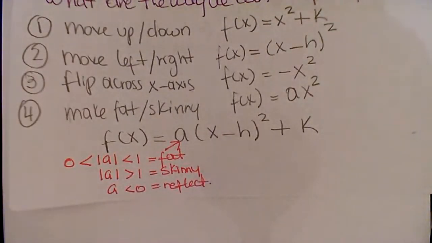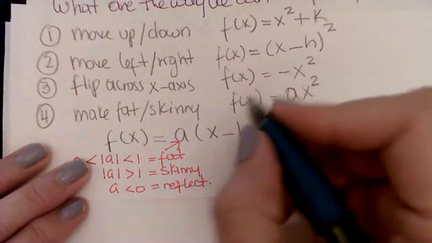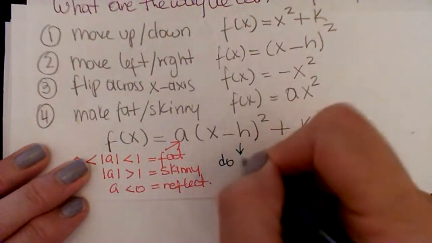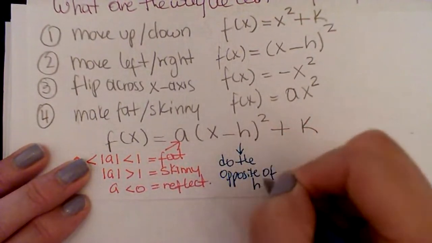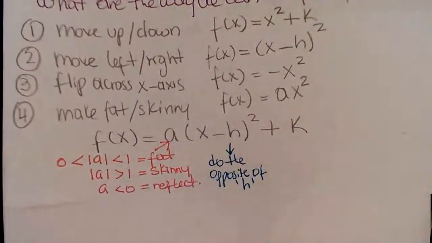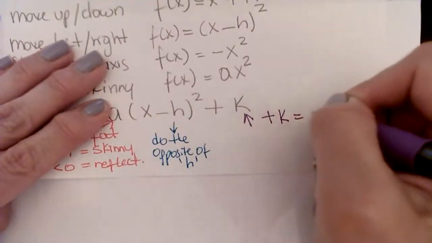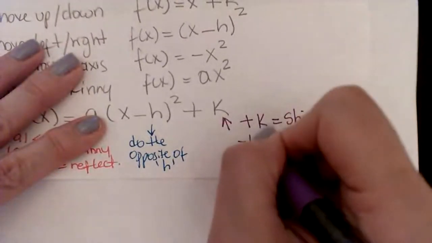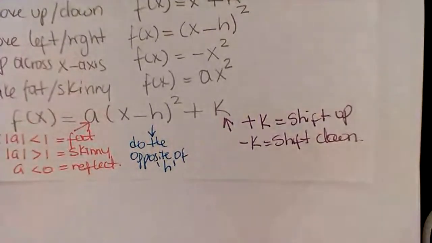All right? The next one, this one, we're going to do the opposite of h, remember. And for k, it is going to be positive k with shift up, and negative k with shift down. All right?